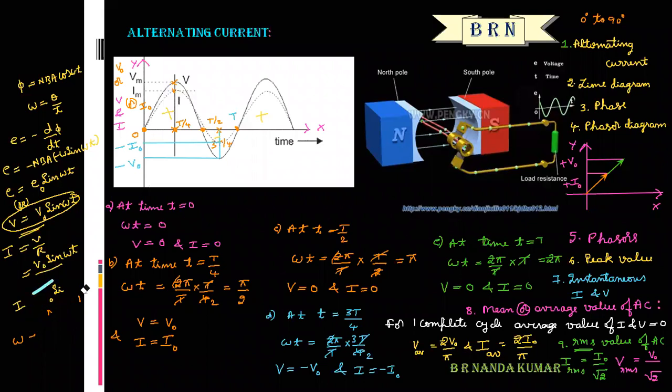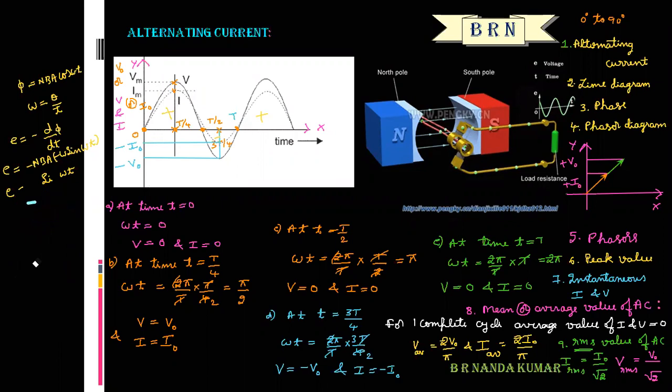The next very important term is the frequency of AC. This is also very important for 1 mark. Frequency of AC means the number of cycles per second.